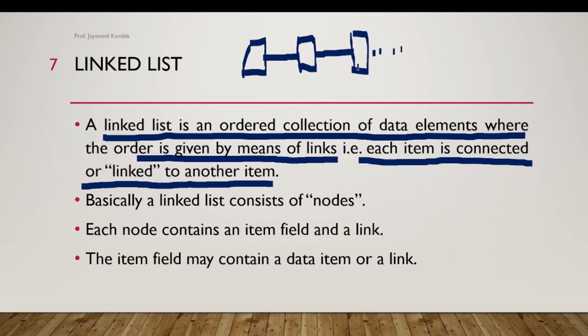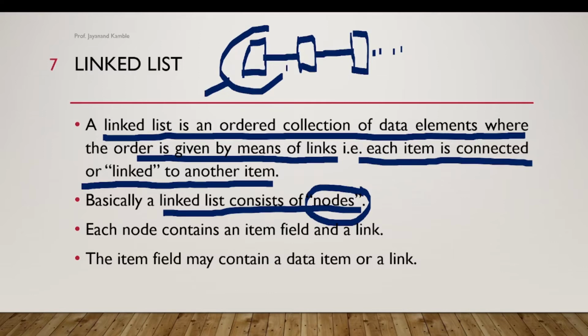How are the links created? By using addresses of these nodes. So a linked list consists of nodes. A single element of the linked list is called a node. Each node contains an item field and a link.